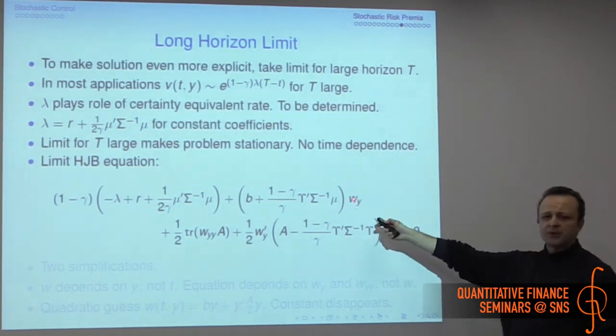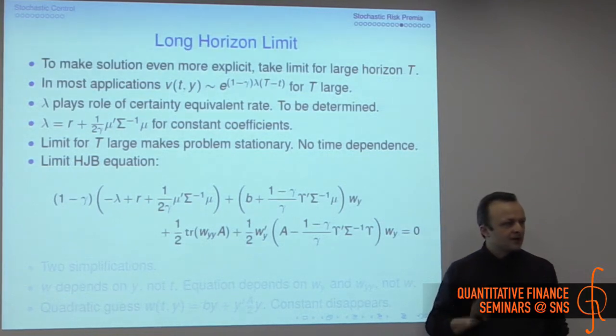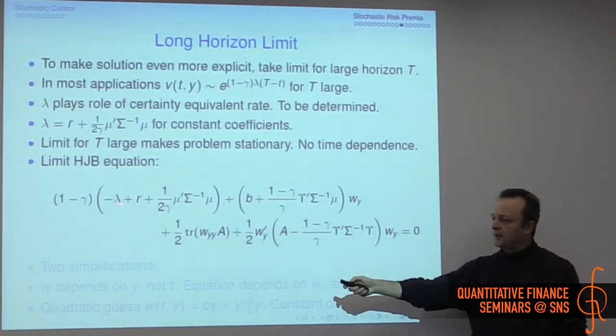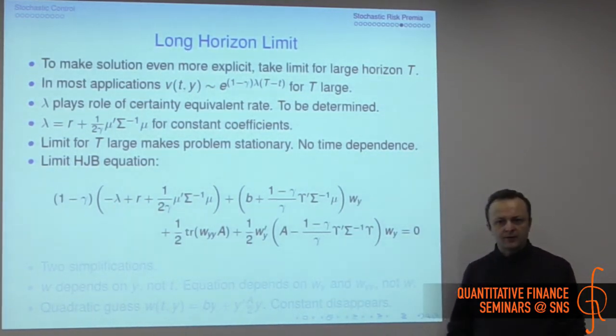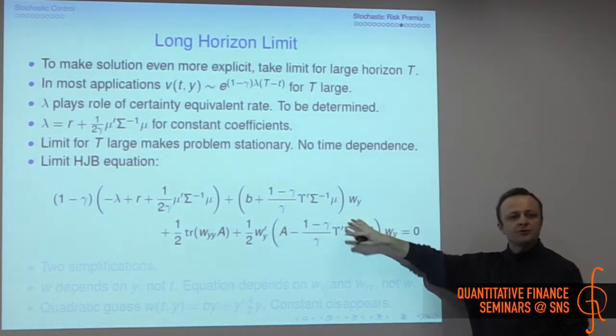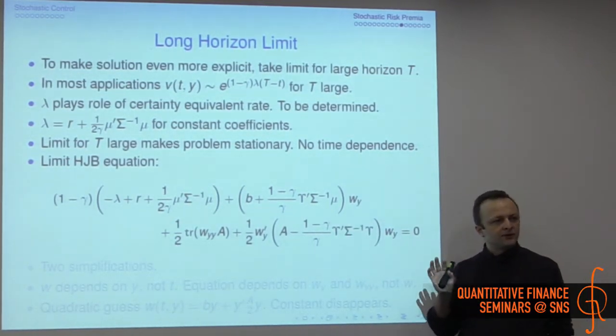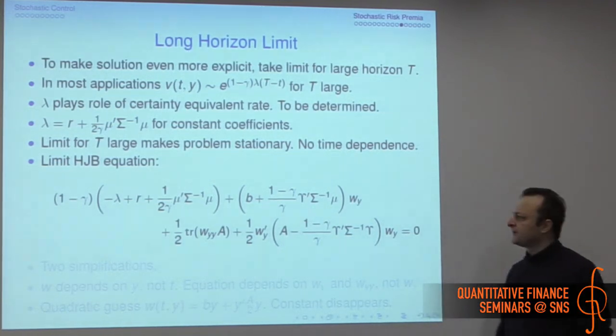It is that w now depends only on y. So we got rid of one more variable by tampering only with one term of the Hamilton-Jacobi equation. So if we can find any relation between the solution to this equation and the original optimization problem, then this is going to be more promising.